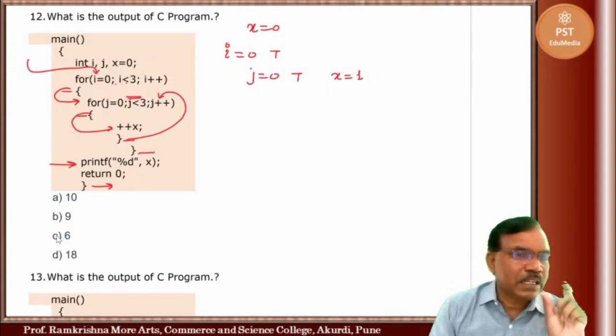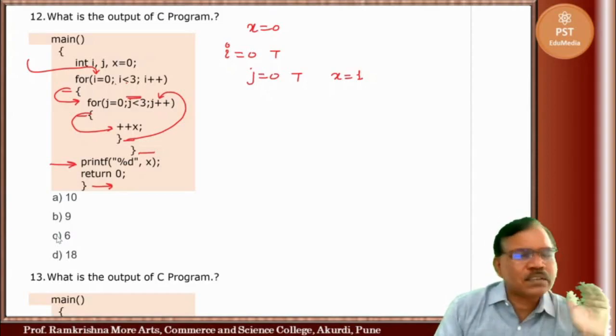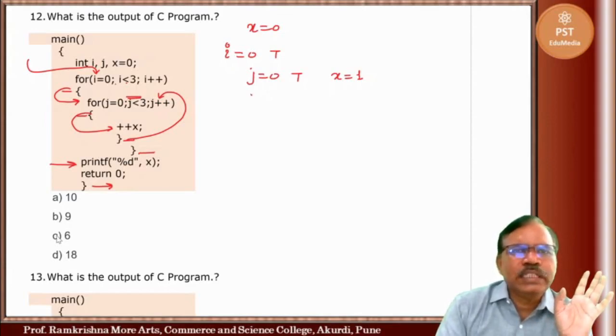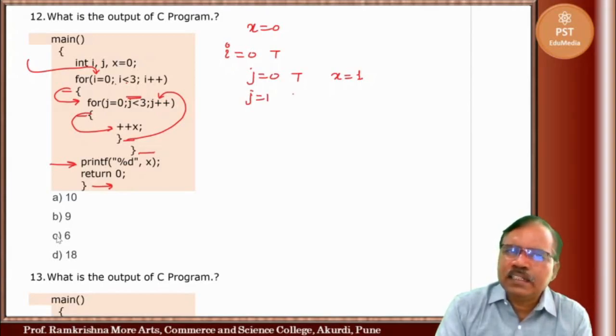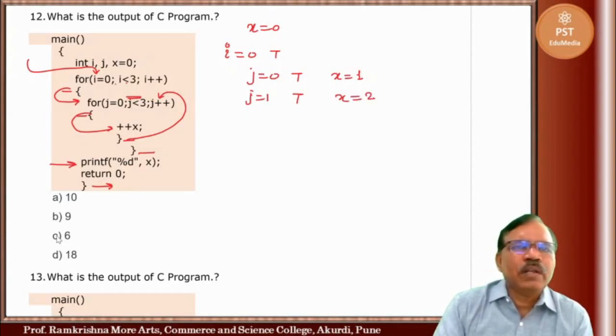See here, it will execute the second loop first. Now in the second loop, all statements are executed. So now j becomes 1, j less than 3 true, so x becomes 2, it will go back.